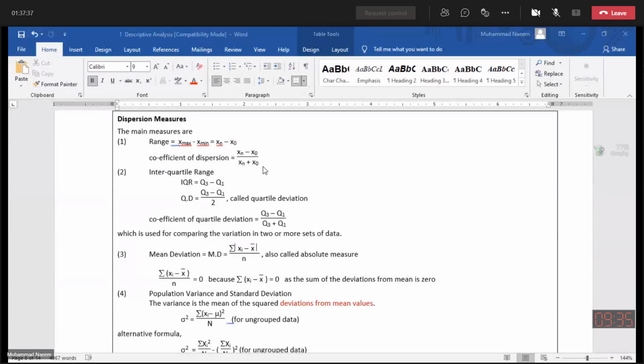But remember, don't try to sum up the difference, xi minus x bar. There must be an absolute sign here. Otherwise, this sum will be equal to 0.